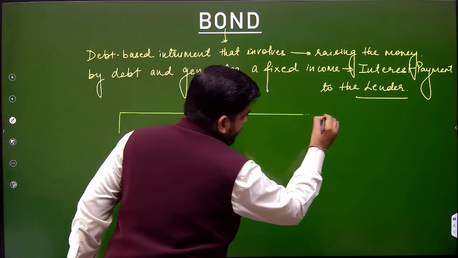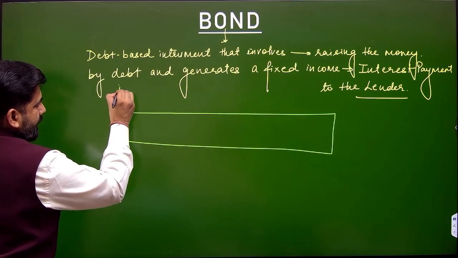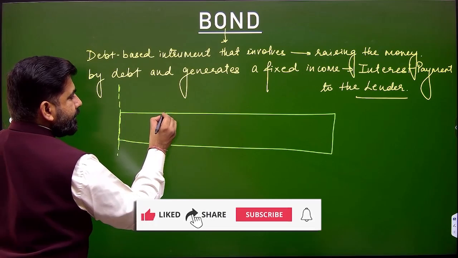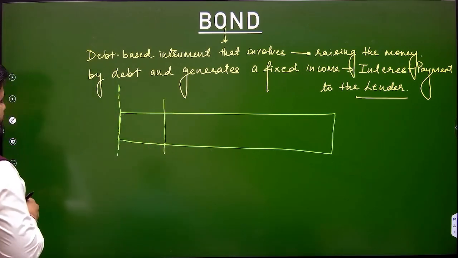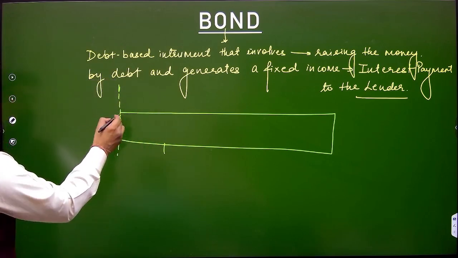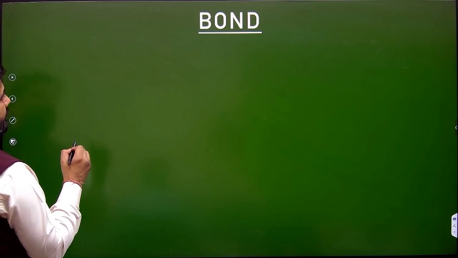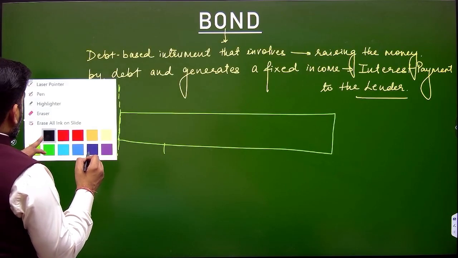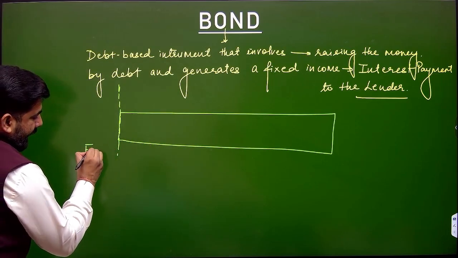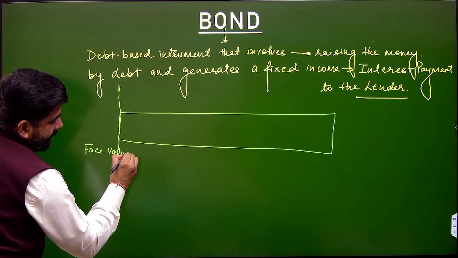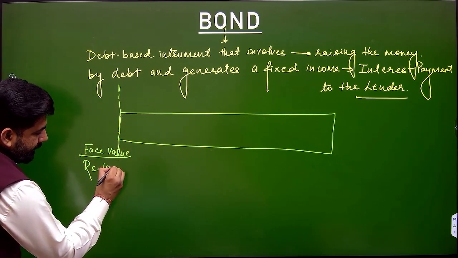Try to understand, guys. This is the time when I say that the bond is issued at face value, and this bond is issued at a face value of rupees 1000.